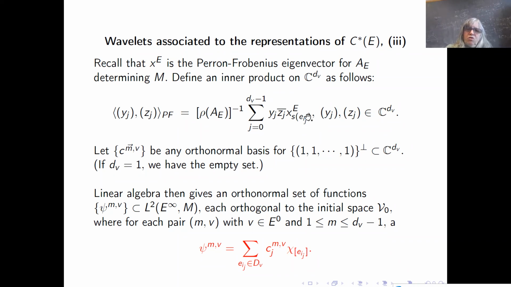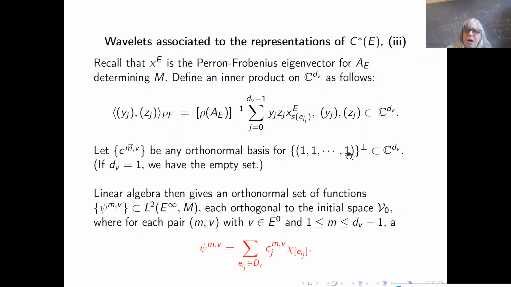Those are the only ones we're interested in. And we use that to construct this inner product. And then find an orthonormal basis in C^{d_v} that spans the orthogonal complement of the constant vector 1, 1, 1, 1, 1.